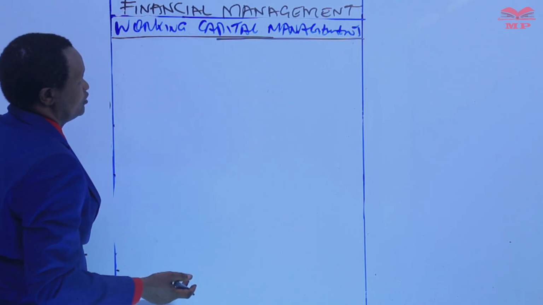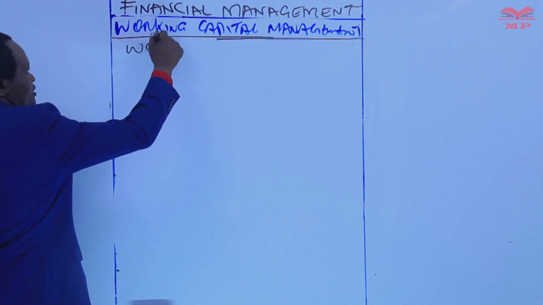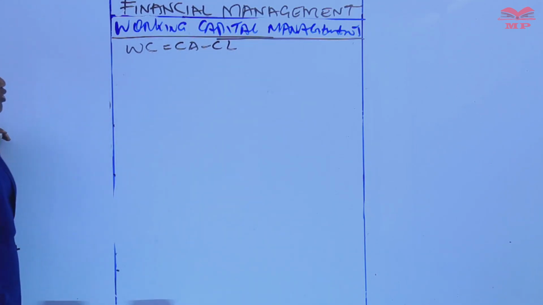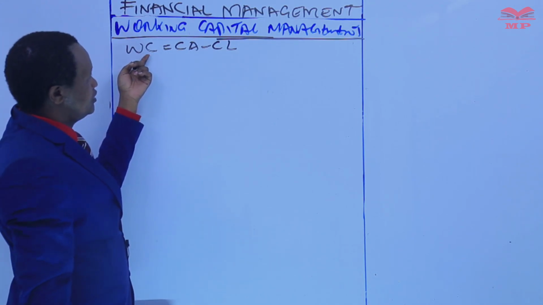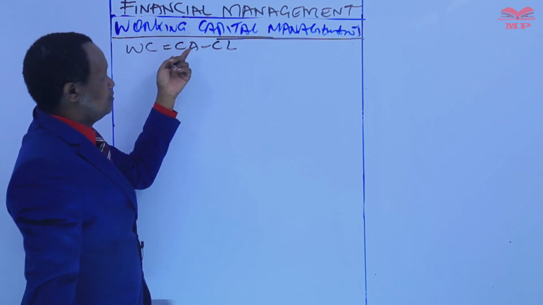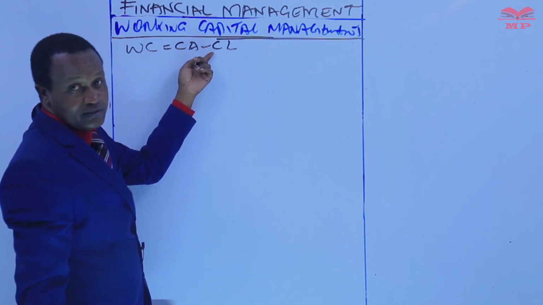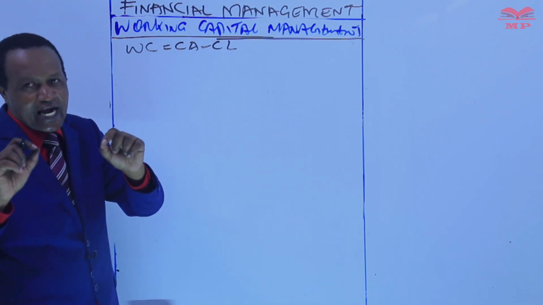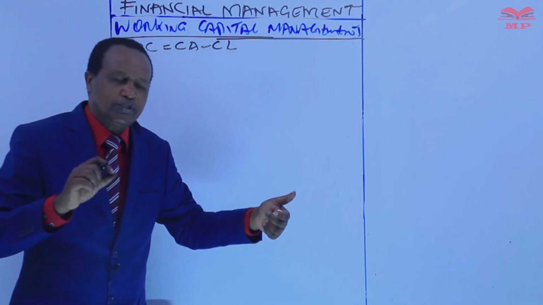If you are asked and you want to define it in few words, working capital is equal to current assets minus current liabilities. That gives you the meaning. It represents the amount of money that a company has available to meet its short-term obligations.